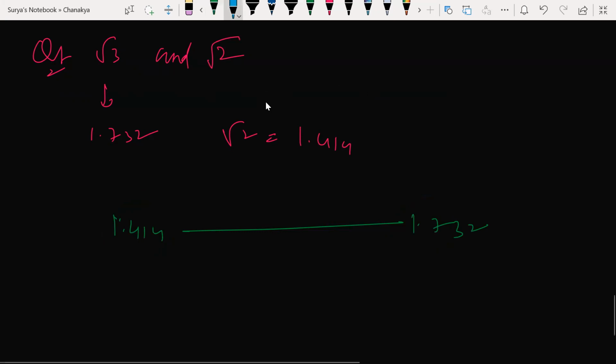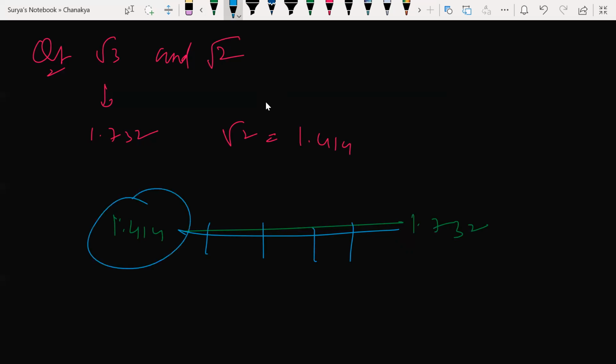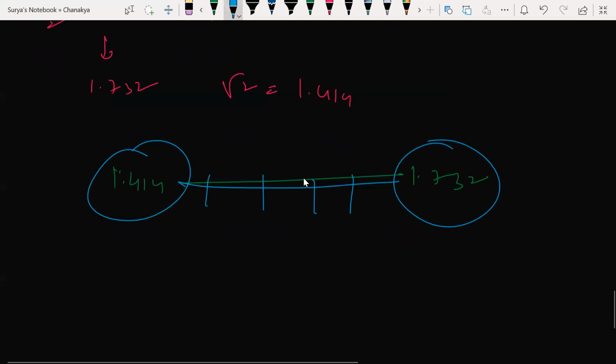There are infinite rational and irrational numbers between these two numbers. Now what you have to do? Take a number just greater than 1.414 and less than 1.732. It should be non-terminating. So this is how we can do it, beta.